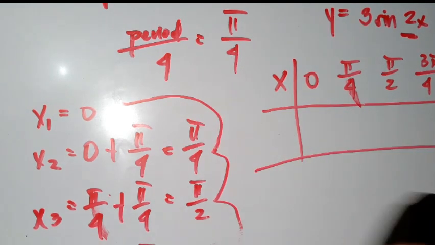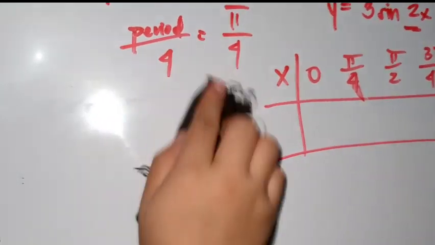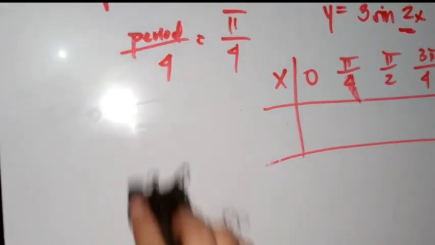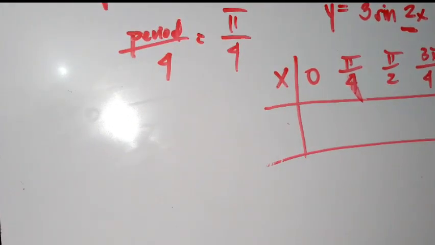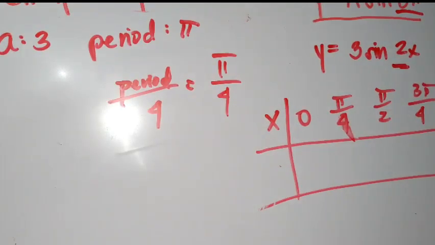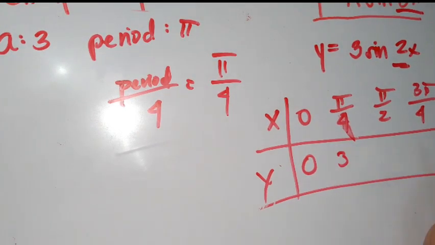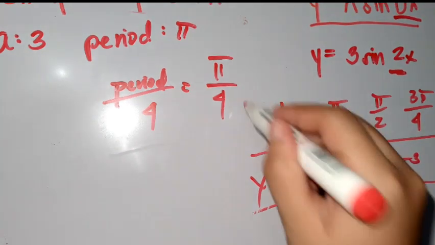After finding the x values, we're going to find the y values. Since our amplitude is 3, we only need to multiply it to the original values. So we have 3 multiplied by 0, we have 0. 3 multiplied by 1 is 3. 3 multiplied by 0 is 0. And 3 multiplied by negative 1 is negative 3. And 3 multiplied by 0 is 0. So this is now our table.